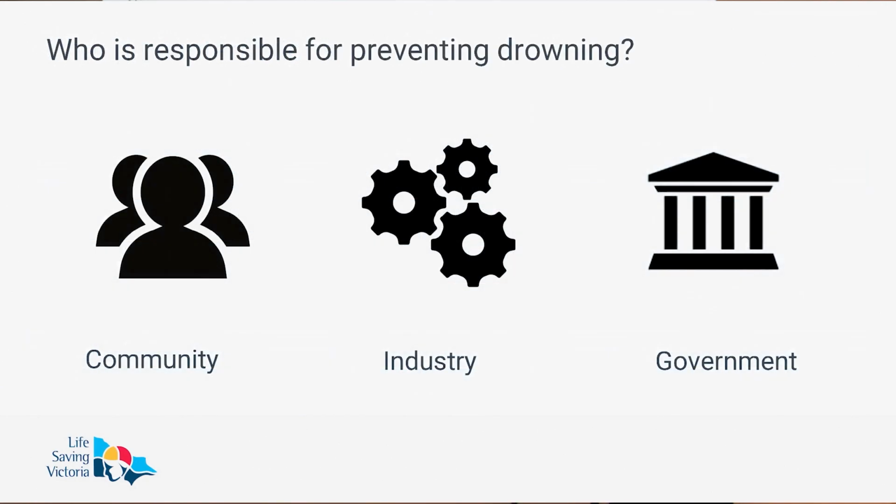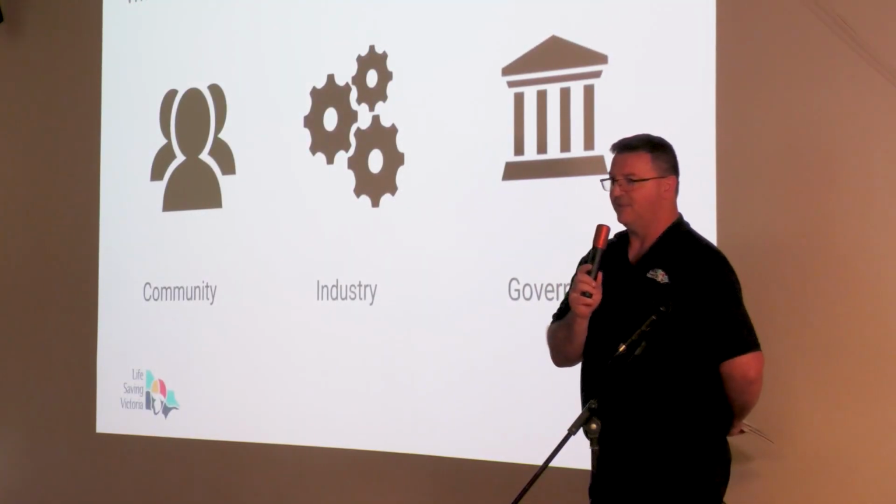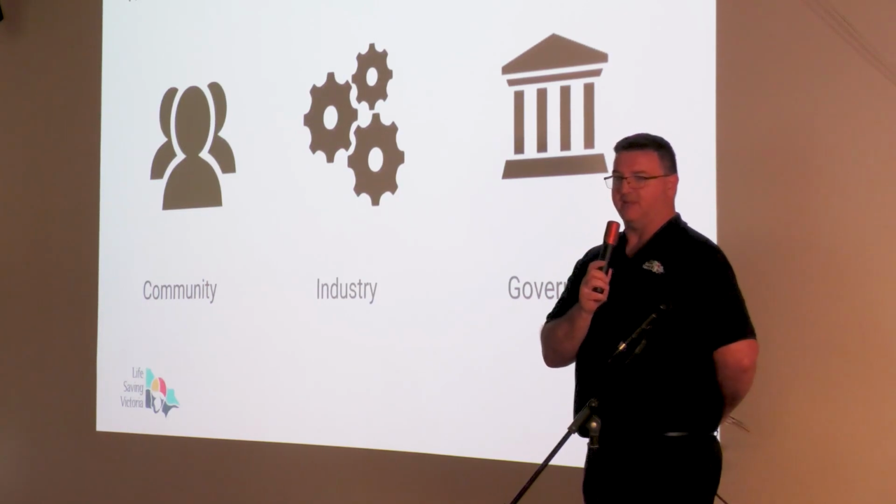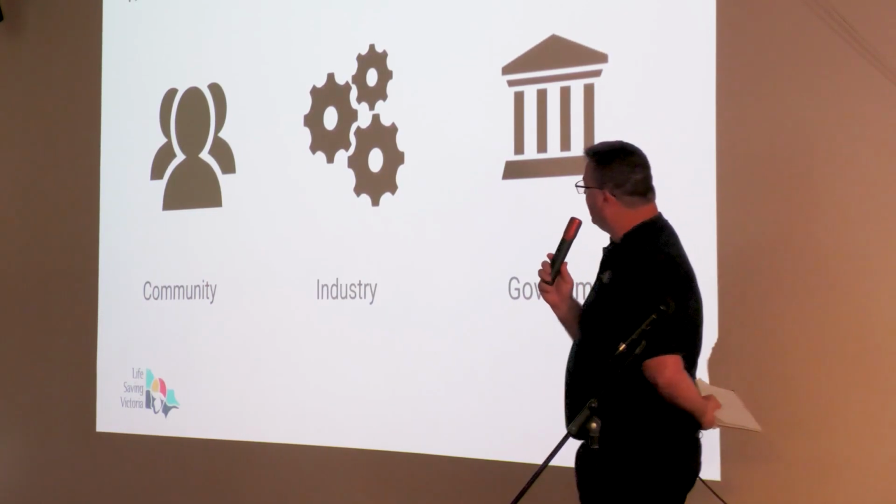So who's responsible to prevent drowning? And this is a perfect example of it takes a community to raise a child or a person. So everybody is essentially responsible when it comes to drowning. So community first and foremost, because the community knows their environment better than anybody. They know what the waterways are like, and they know where the dangers and the risks lie.